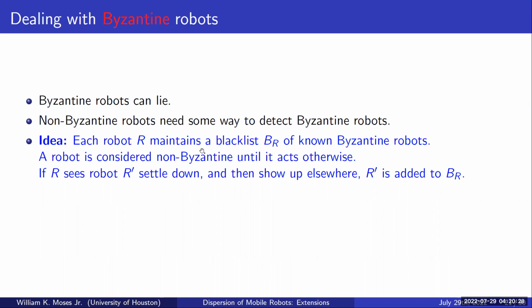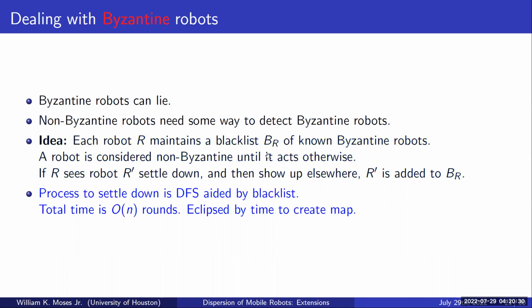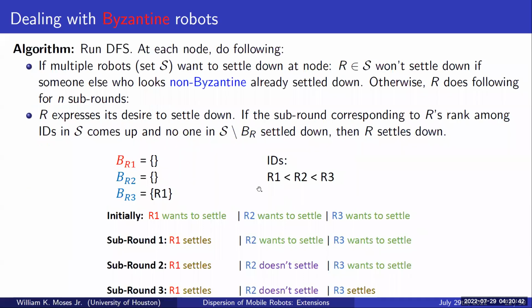Now, that's fine, but still, how do you actually settle down at a node once you have this blacklist? So let's actually look at that. Let's assume that we end up at a node where there are 3 robots, R1, R2, and R3.